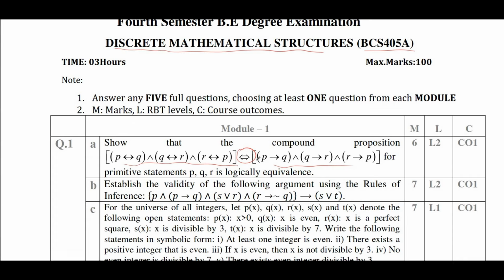Which is nothing but P biconditional Q in general. If you think that this one compound proposition, P biconditional Q, is a tautology, then we can say that it is logically equivalent. Now let us see the solution.